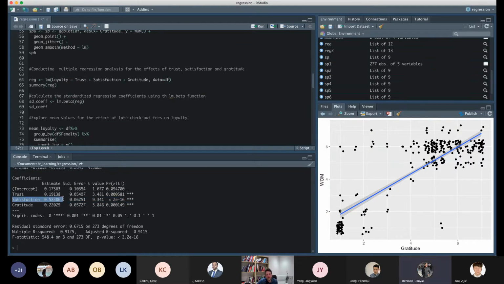So if satisfaction goes up, the effect on loyalty actually is stronger, because loyalty increases by 0.58386. Now, finally, gratitude also has a significant effect. And if gratitude increases, our loyalty increases by 0.22029.